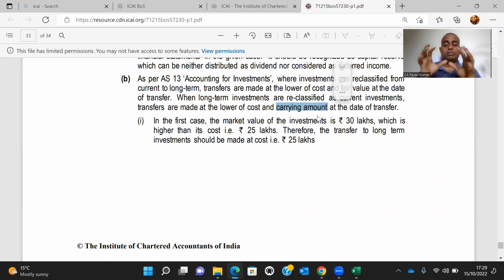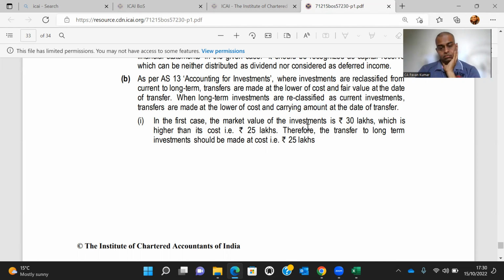Remember one thing: follow the accounting rule for the old asset, determine the value, and bring it as the value of the new asset. That is the process. That's it. Okay. Then read the first one.